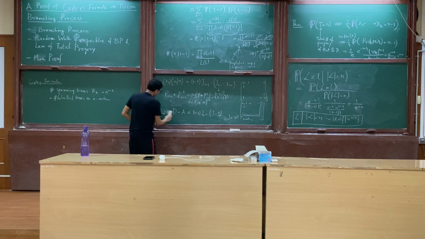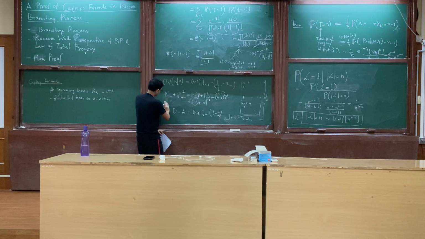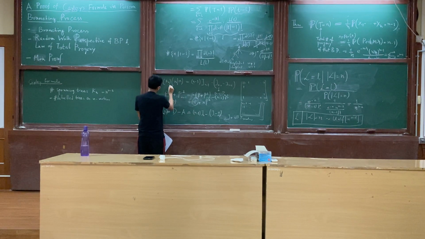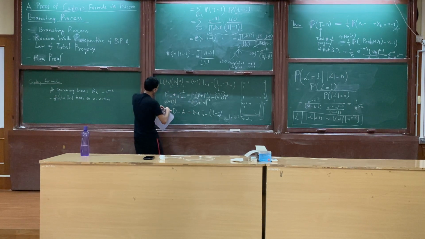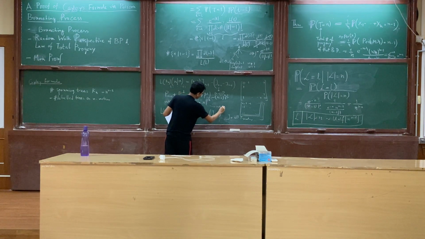So then what does the determinant become? What is the rank of this P? Because P has all entries 1 by n minus 1, all the rows and all the columns are identical, so its rank is 1. And because we are working in order n minus 1, the rank of the perpendicular part will be n minus 2.